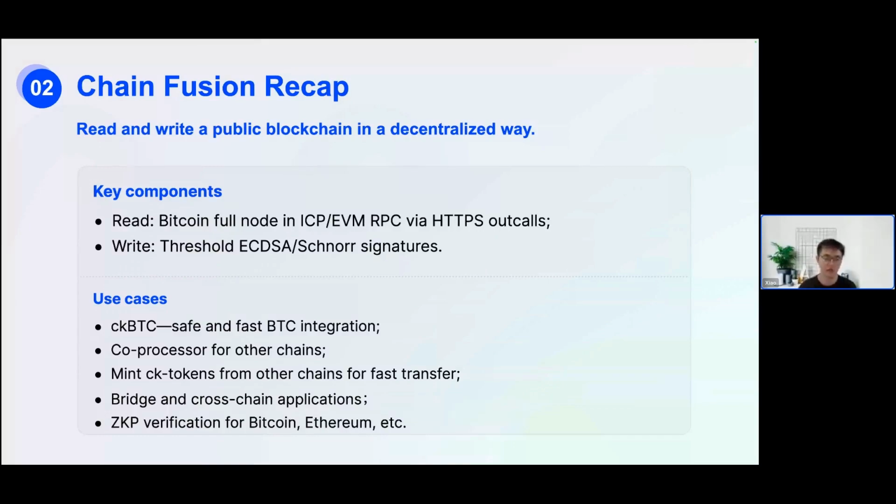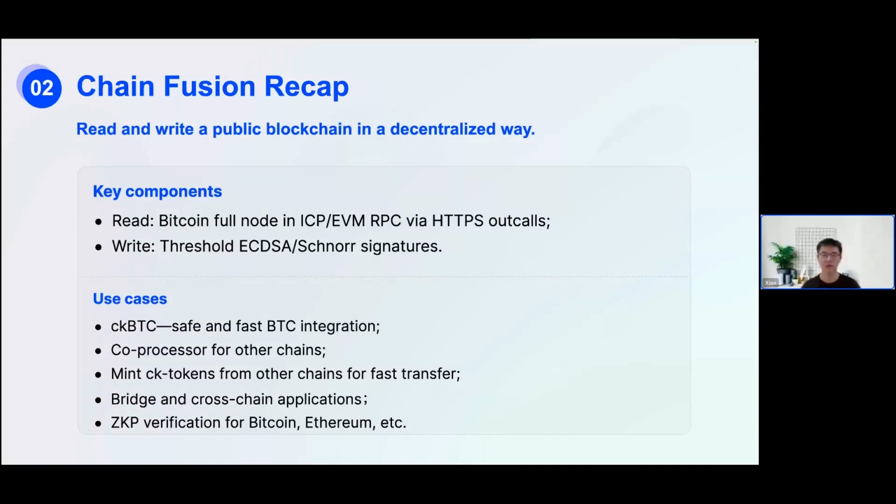The key components, as I see it, are two very unique capabilities provided by Chain Fusion: one is to read and one is to write. For reading, we know that there is a Bitcoin full node running in ICP. That means we can read all the states and all the UTXOs from the Bitcoin network directly from the ICP network.